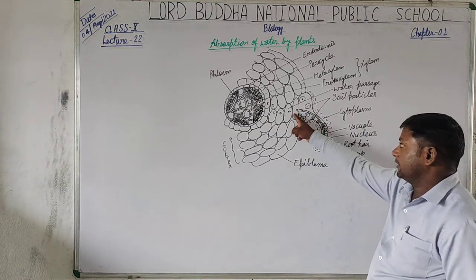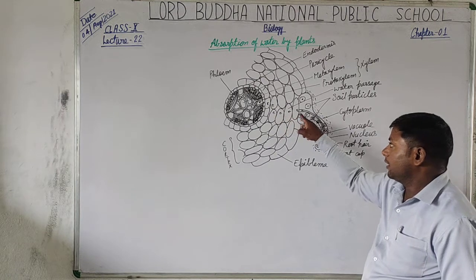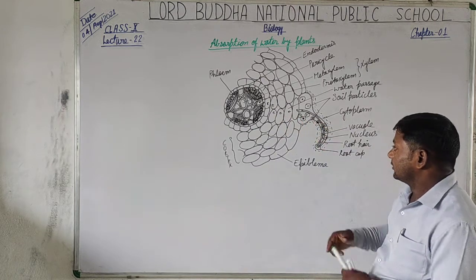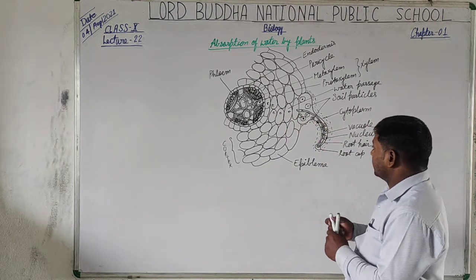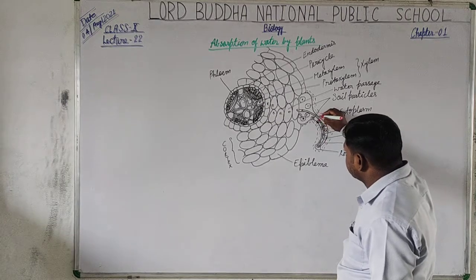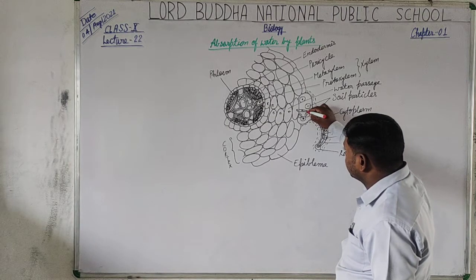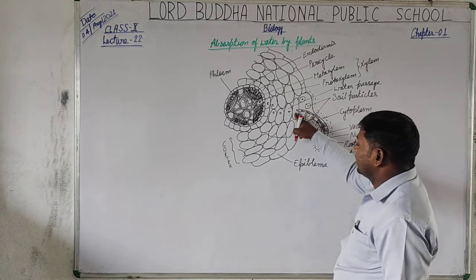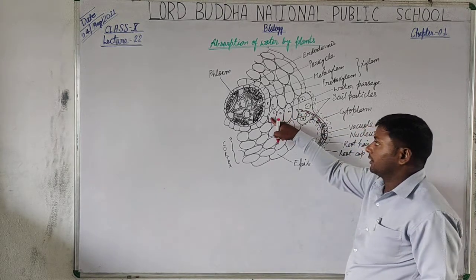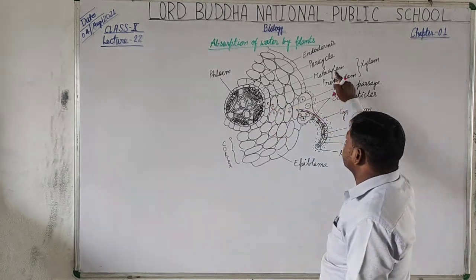This is the pathway that illustrates how water passes from the root hair to the cortex region, and from the cortex to the endodermis layer.